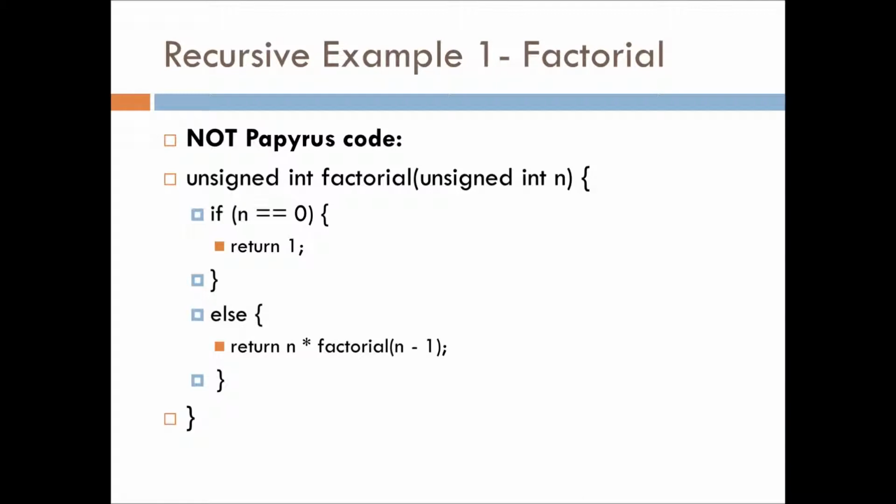So, let's look at a few mathematical examples that aren't Papyrus related yet. We will code these up in the live coding section, but it's a good idea just to step through the steps. So, a factorial is a number and then you usually see an exclamation after it if you've seen it written in math before.